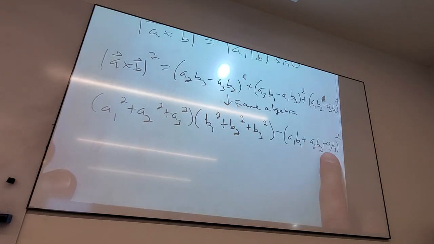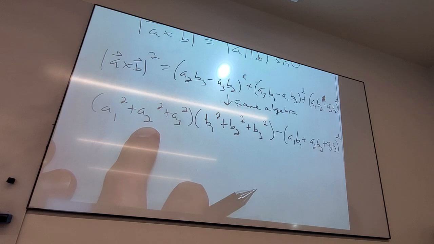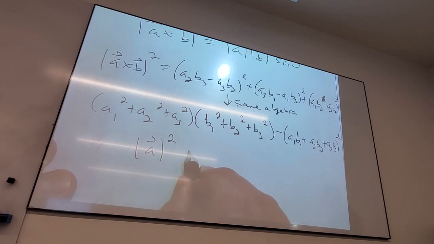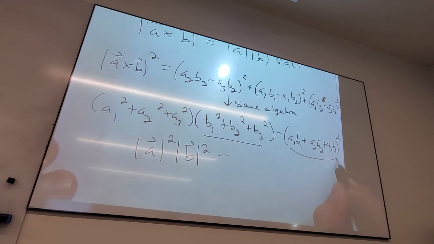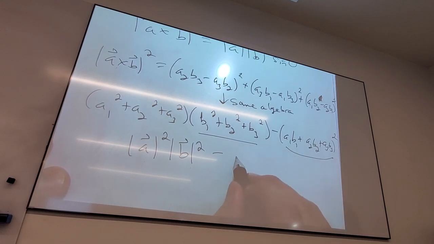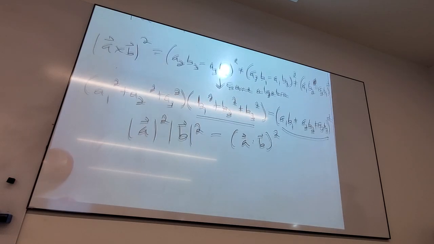But you eventually get here. Does anyone recognize this? Yes, the length of A squared. And of course this would then be length of B squared. Does anyone recognize this? Yes! So this would be minus the dot product squared.